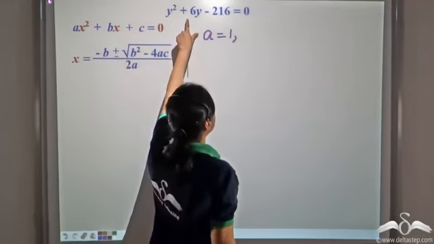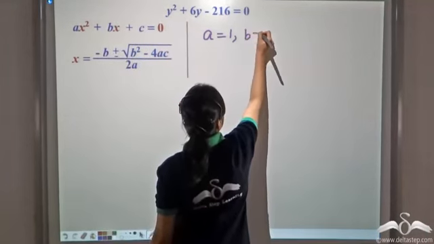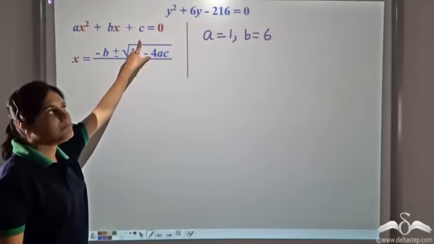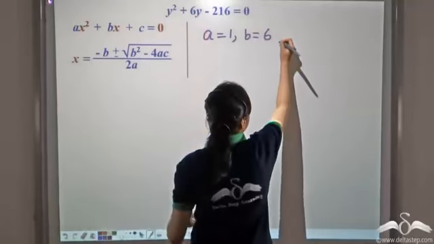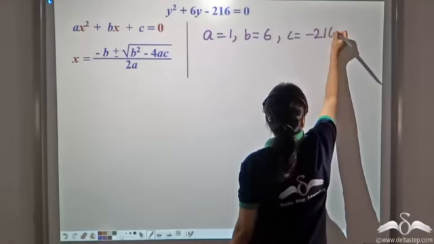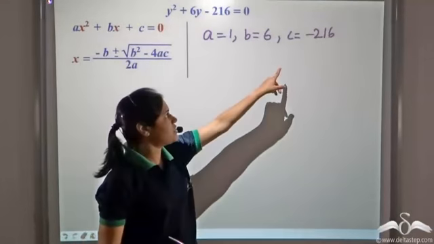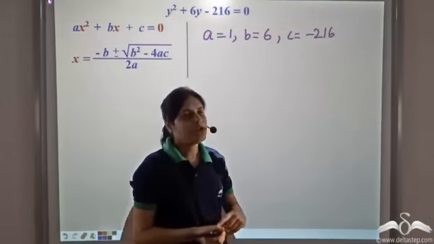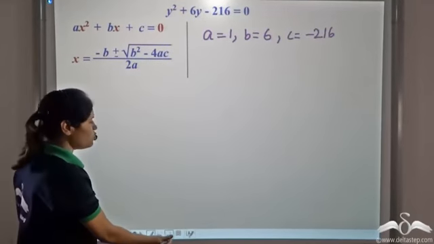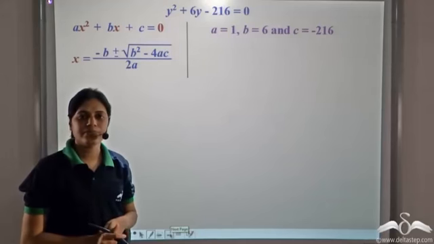For this equation, b is equal to 6. C is the constant term. In this equation, c is equal to negative 216. Remember, we need to consider the negative sign as well. So c is negative 216. So these are the values of a, b and c.